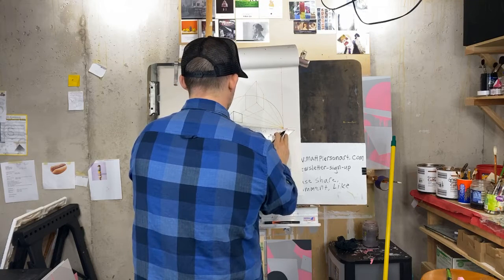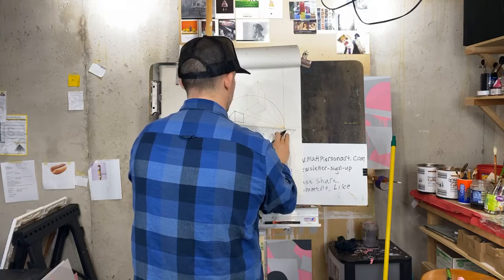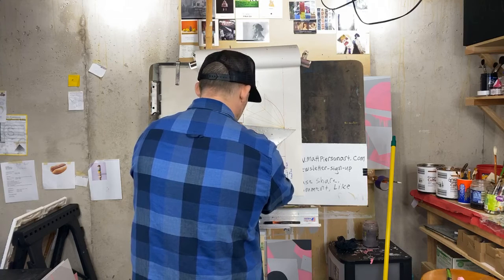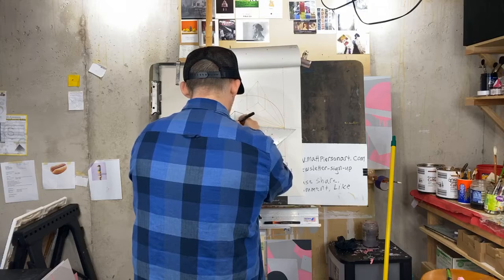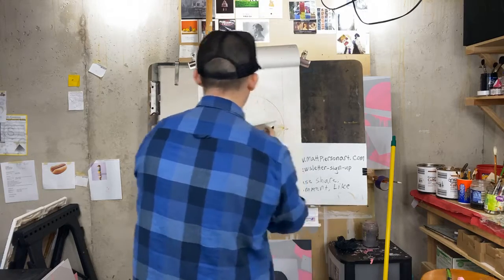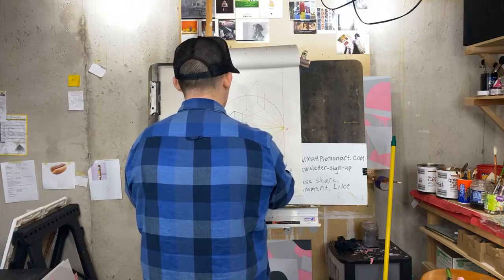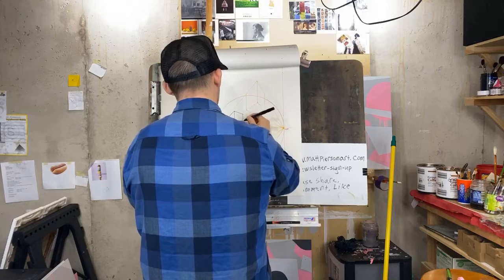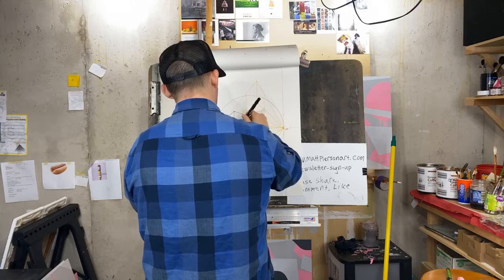Another line of convergence towards my right vanishing point to get the bottom plane of that cube. I've got to be a little careful because my easel here is really wobbly, which is pretty good for drawing because I use that wobble for nice pencil lines and pencil strokes, but not so good for perspective drawing here.